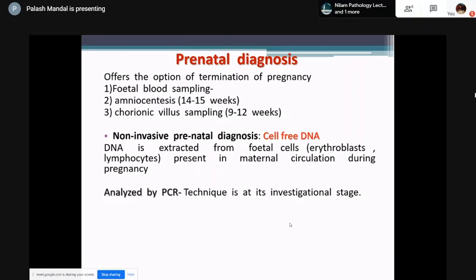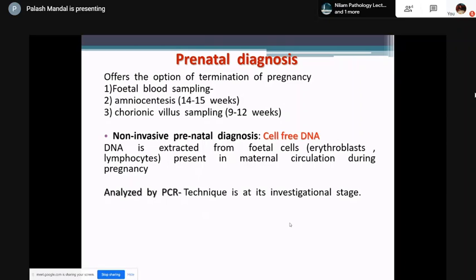So if we have an option of terminating the pregnancy before the child is born, we use those techniques, because the child should not be a diseased child. That's why termination of pregnancy is carried out if we can prenatally diagnose the disease.